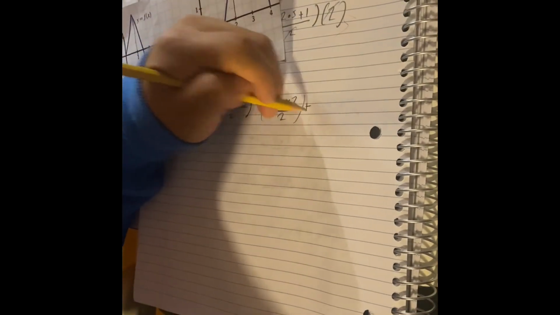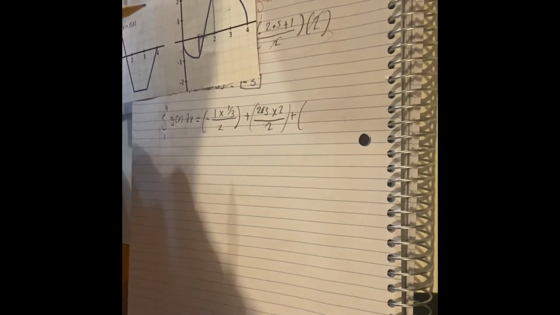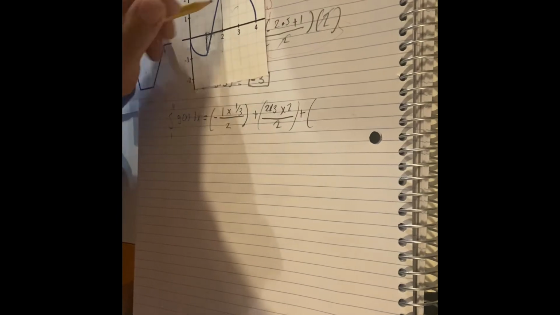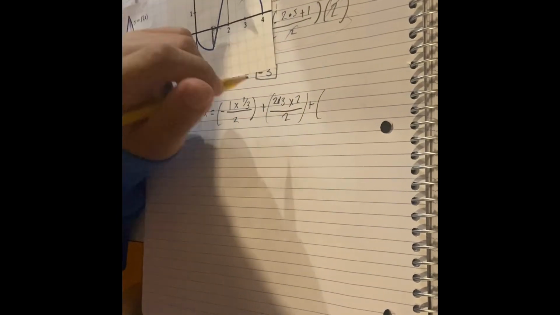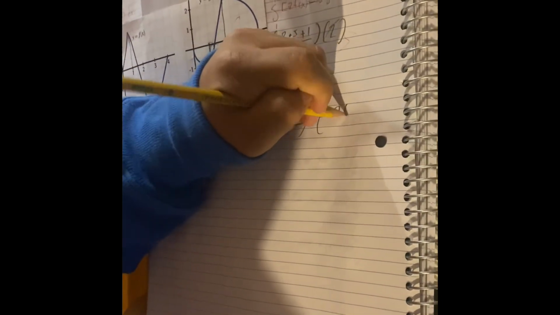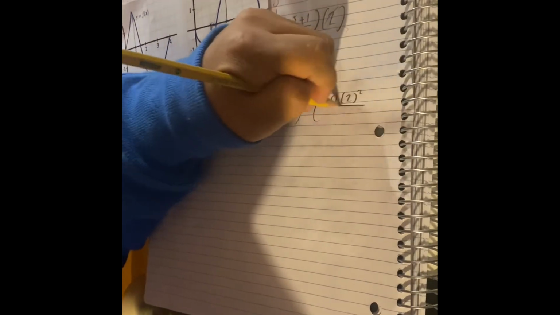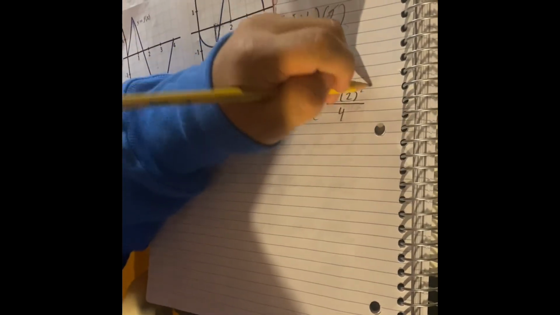And finally, we're gonna add the area of the quarter of the circle, which has a radius of 2. So it's gonna be pi times 2, which is the radius, squared, divided by 4.